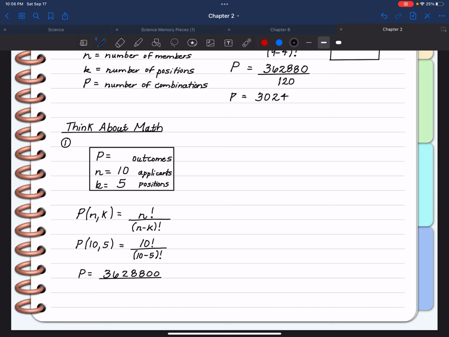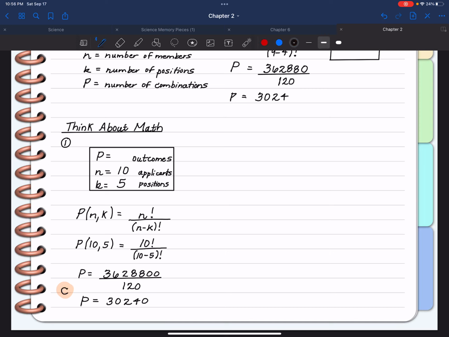And on the bottom is 5 factorial. You may remember that it is 120. So let's do all clear. 3628800 divided by 120 is 30,240 different permutations, different possibilities for the order of those applicants. So I like answer C on that one.